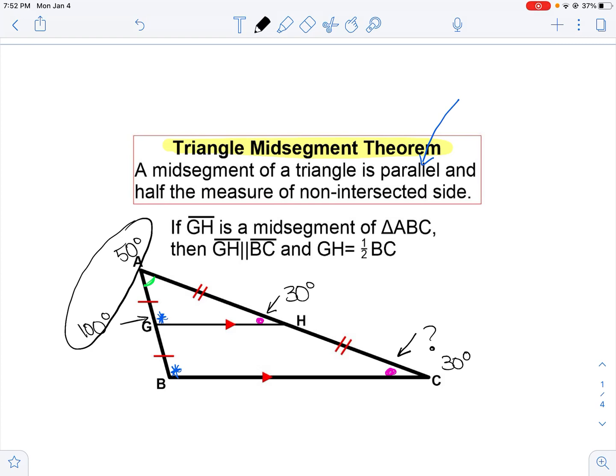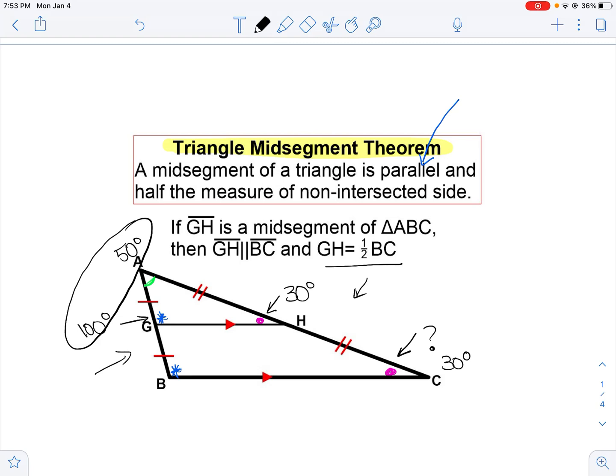Then the other part says that GH is half the measure of BC. Whenever you have a mid-segment, it is half the measure of its non-intersected side. GH intersects side AB, it intersects side AC, but it does not intersect BC.